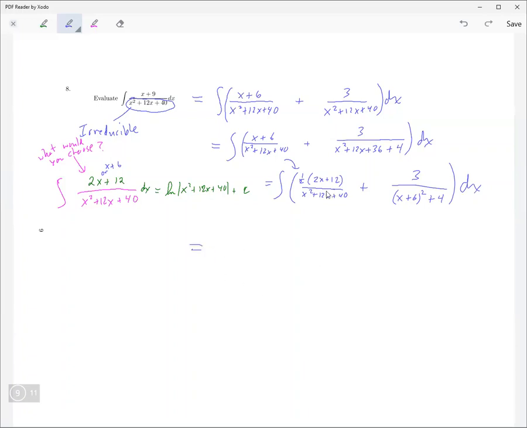Now I'm ready to integrate. The integral of this is just going to be 1/2 natural log of x squared plus 12x plus 40. This one right here is actually this. There's a formula on the front page.